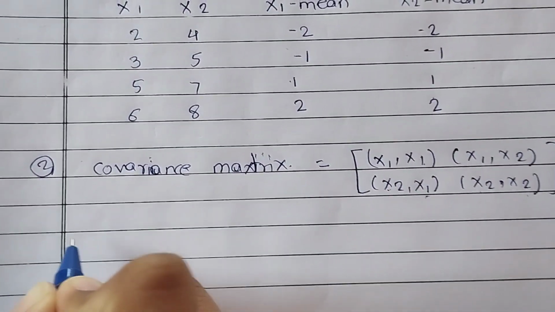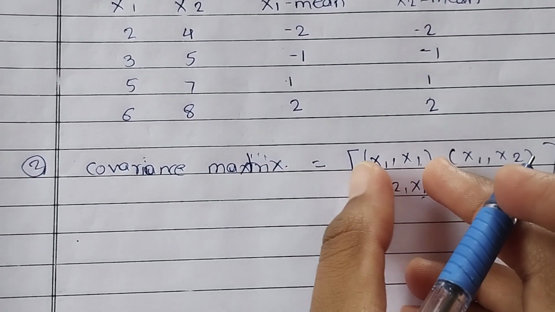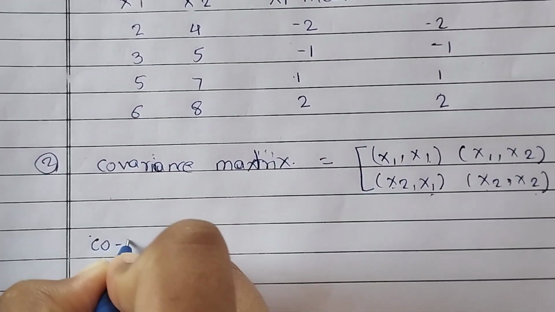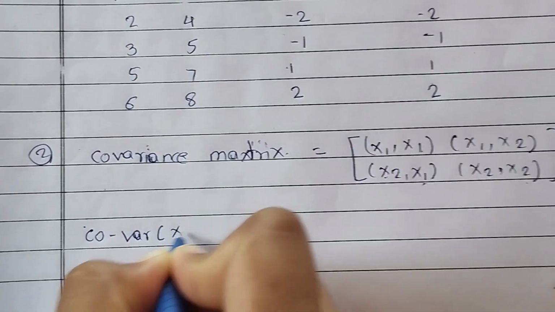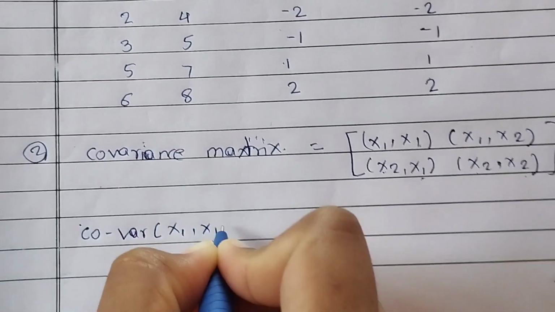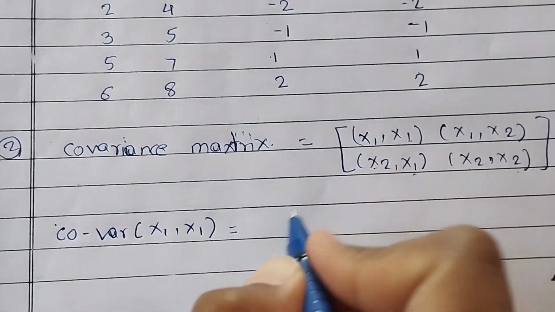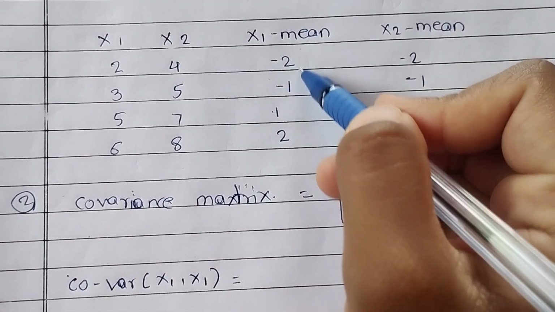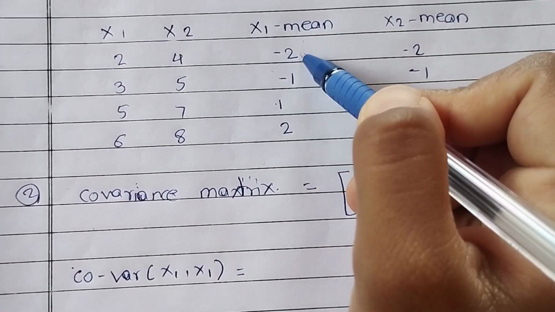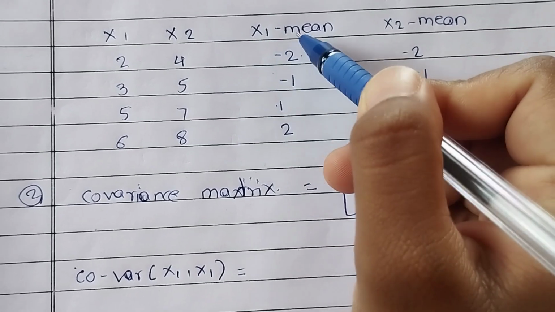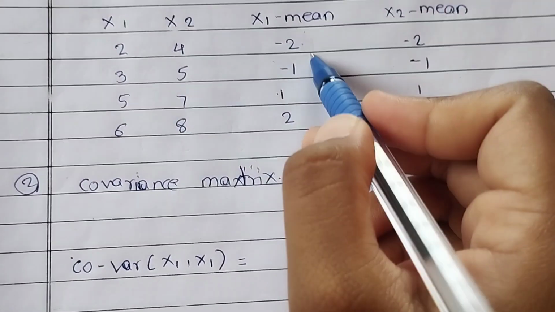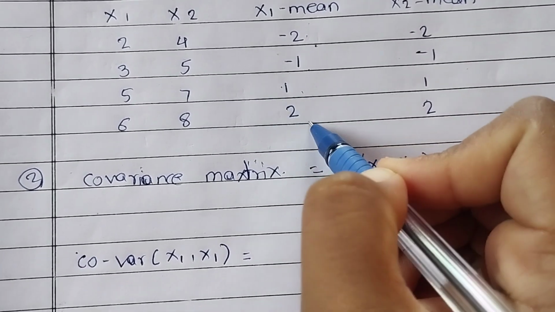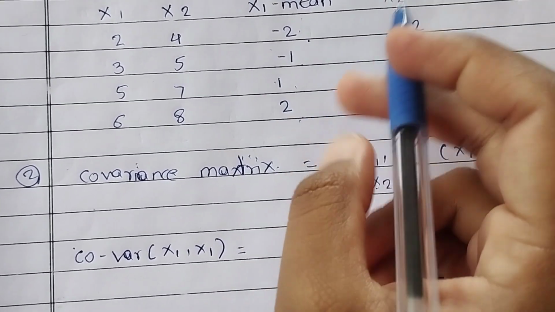First we find out the covariance for x1 x1, which is nothing but the summation of the squares of x minus x mean in this column. So minus 2 squared plus minus 1 squared plus 1 squared plus 2 squared, divided by n minus 1.